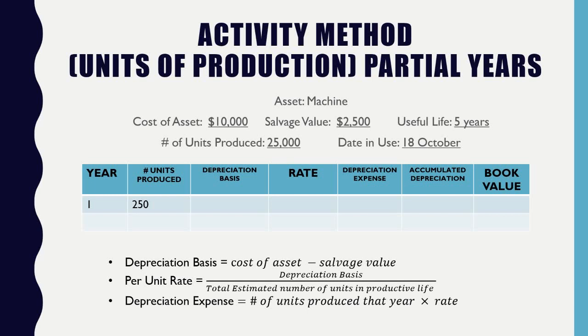What's my per unit rate going to be? Is it going to be 2.5? I believe you need to go over 2 more decimals. 0.3. Good. And then lastly, what is my depreciation expense going to be?